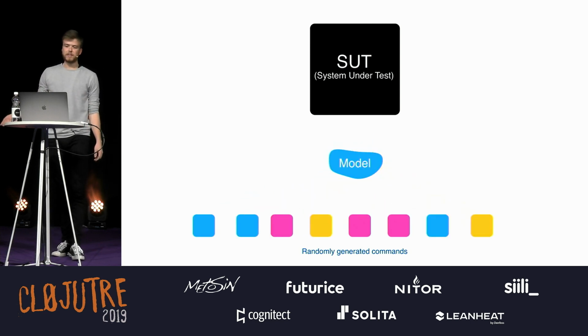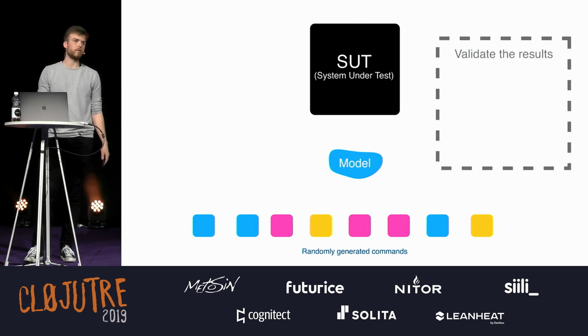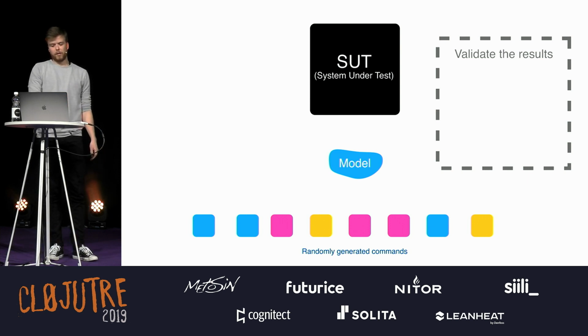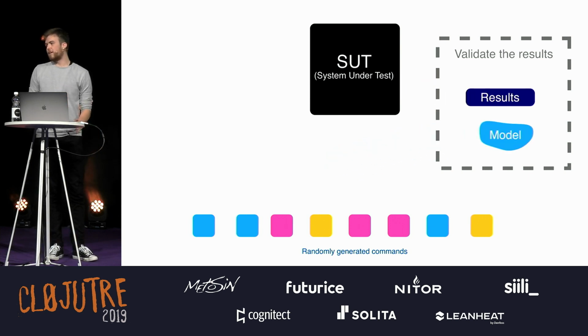And then the final step is to validate the results of calling those commands against both the system and the model. Most of the time, we do this by checking that the model and the system agree on what the return value should be.